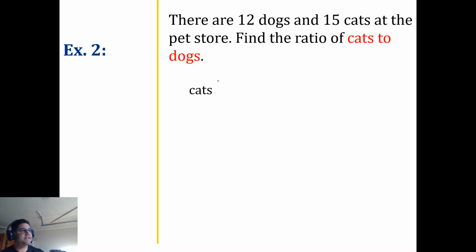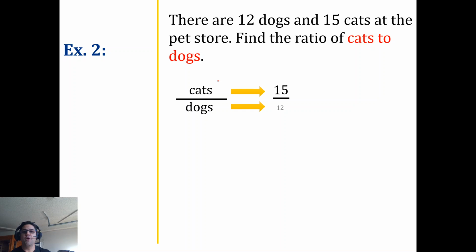So we have cats as the numerator, dogs as the denominator. We do reduce it. Remember, you could always pause the video and catch up. So our ratio is 5 to 4. It can be written as fraction, the word to, or with the colon.